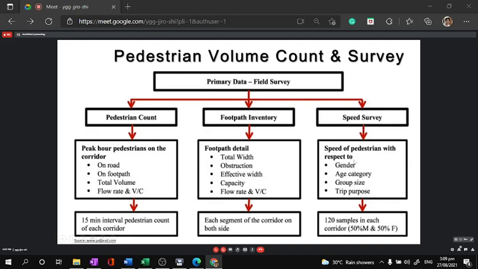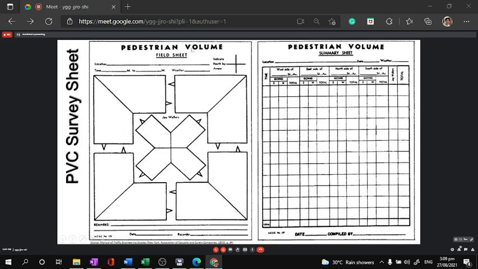And of course, trip purpose, where someone is hurrying because they have somewhere to go. Normally, if you get data from a speed survey, you get maybe 120 samples, 50% male and 50% female, to avoid bias. Okay, so this is pedestrian volume at the intersection, at the crossing, and pedestrian volume for the road or sidewalk survey. It is just tabulated.